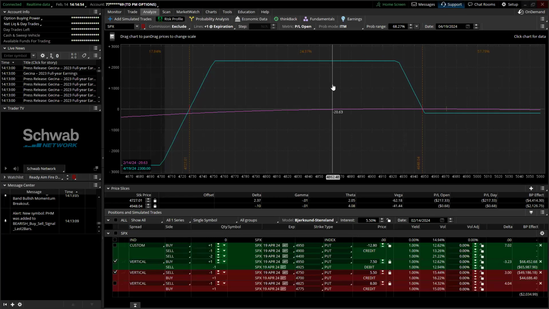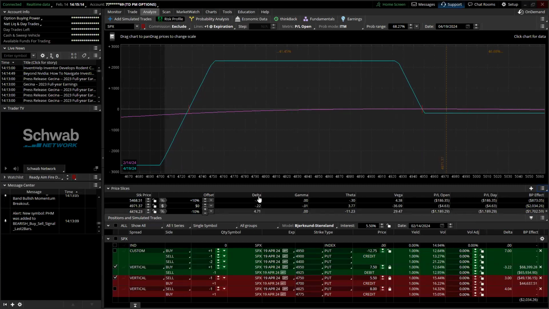So there's a 75% chance that we are not going to make the full bear trap at expiration. So you can say this is a low probability trade, and that would be a fair assumption.